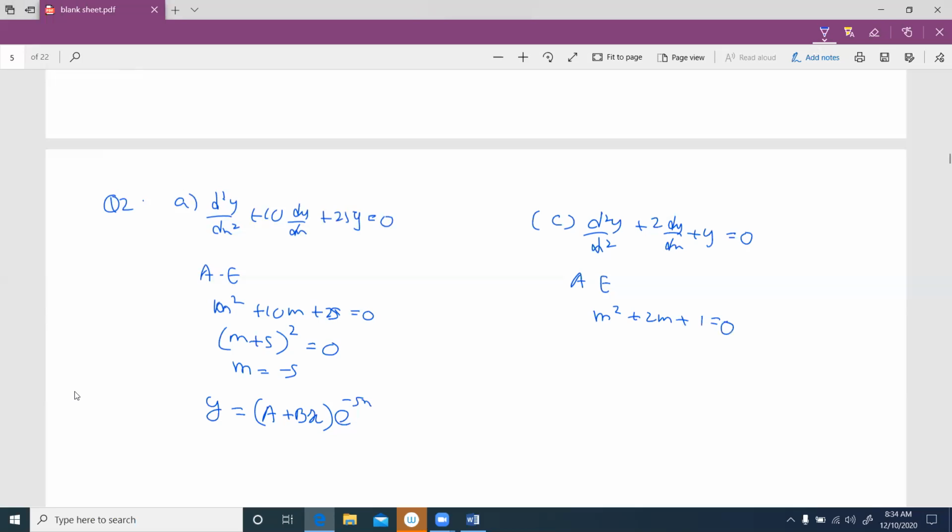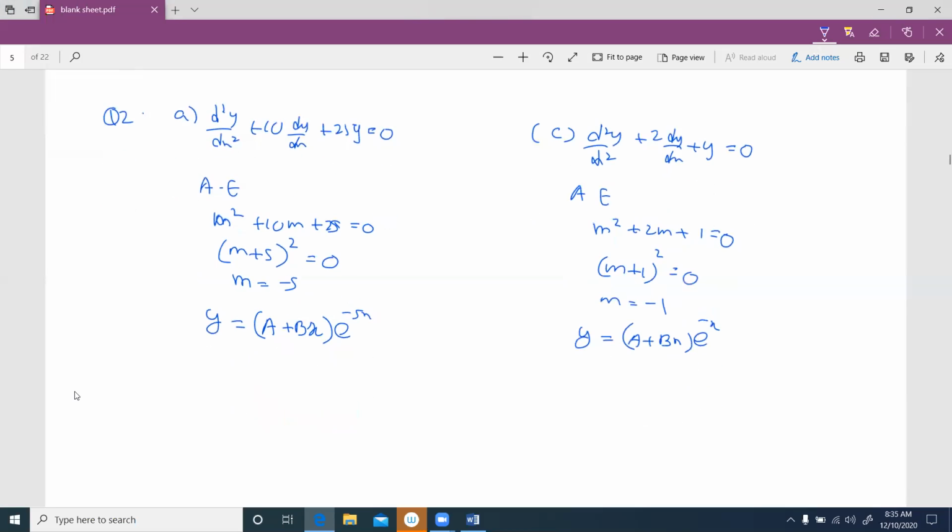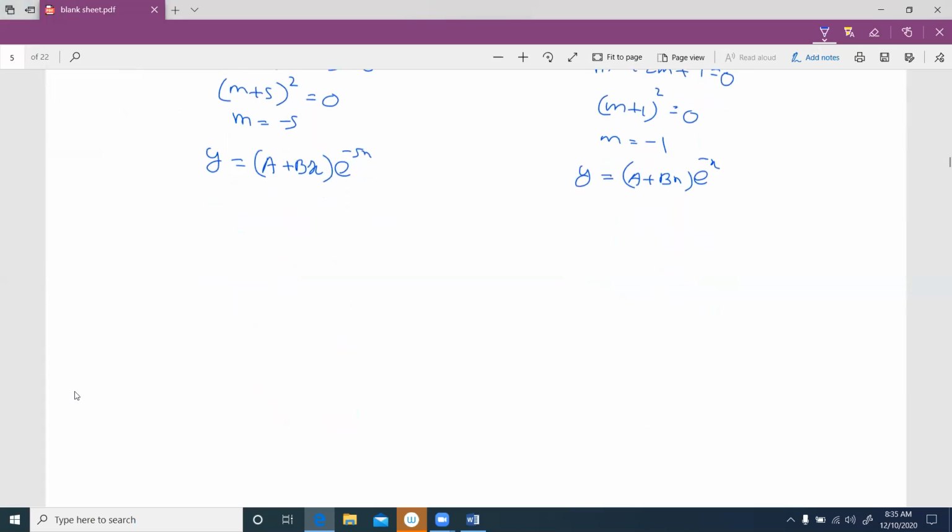So that is m plus 1 squared is equal to 0, that is m is equal to minus 1. So you can write y equals a plus bx times e to the power minus x. That's the answer for this. I think it's clear how to get this.